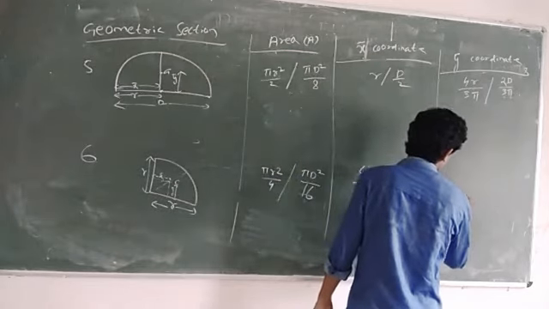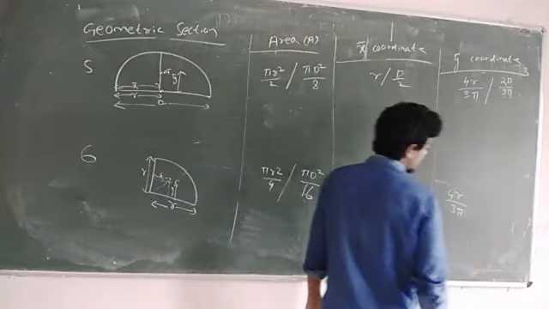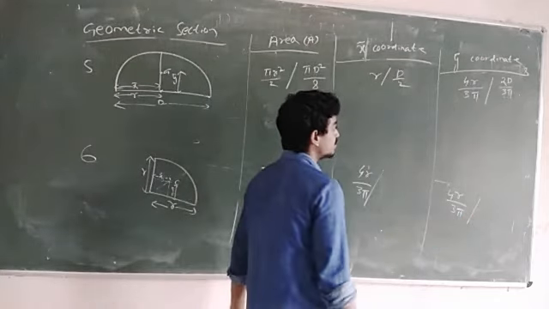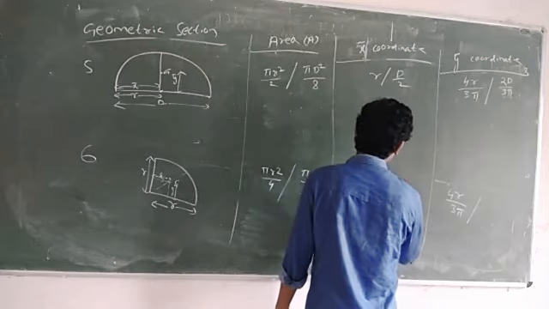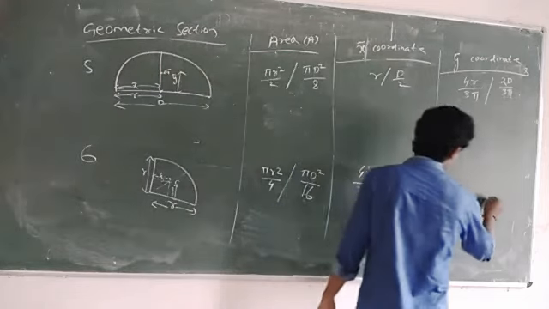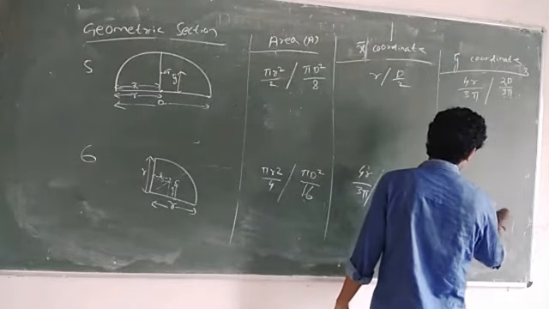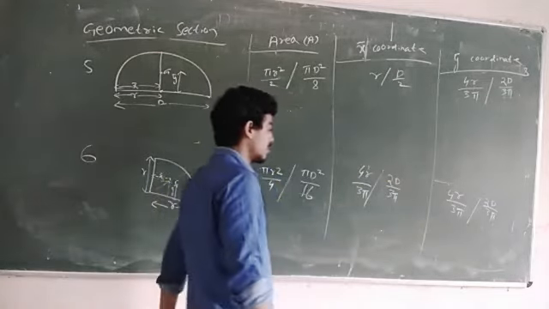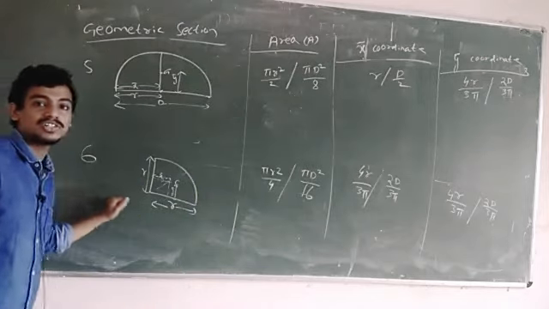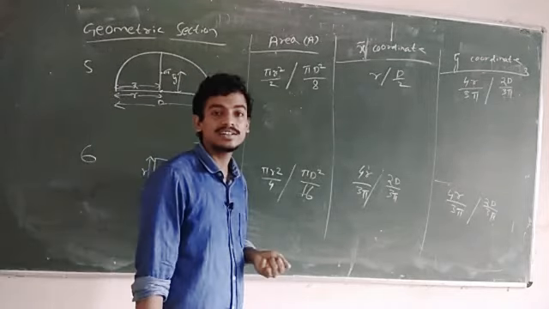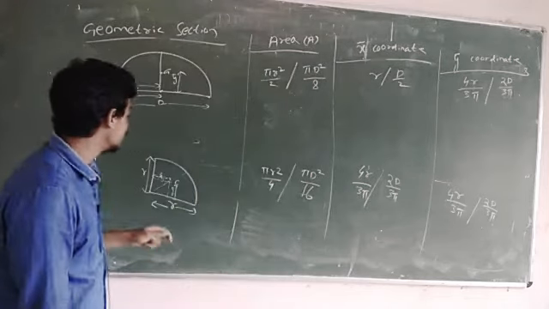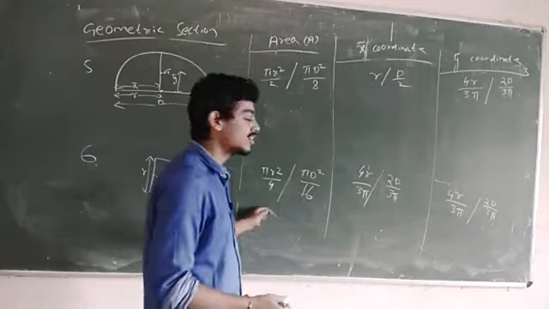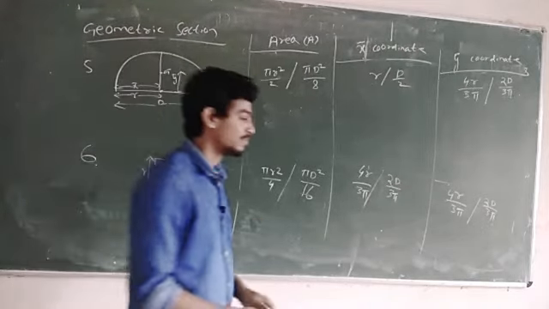Here also 4r by 3 pi. If you want to write the same term in terms of diameter, then it will be 2d by 3 pi, just put r equal to d by 2. This much you have to remember to calculate your centroidal distance. So these six geometrical diagrams should be in your mind for the calculation, otherwise you will face problems.